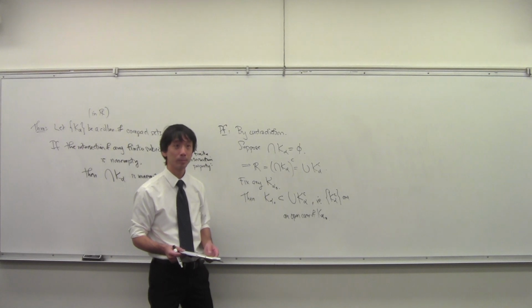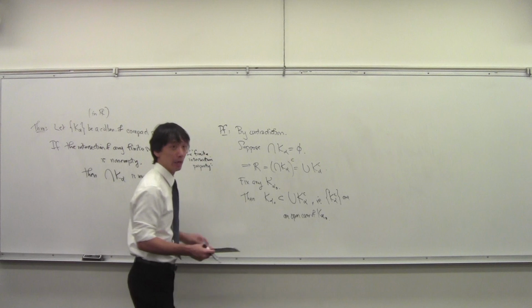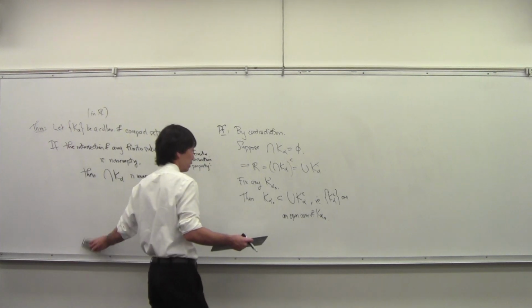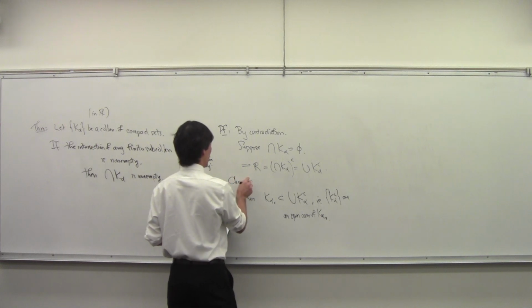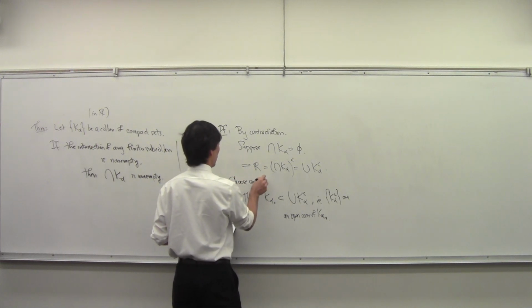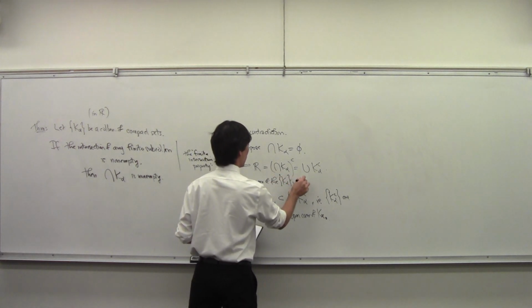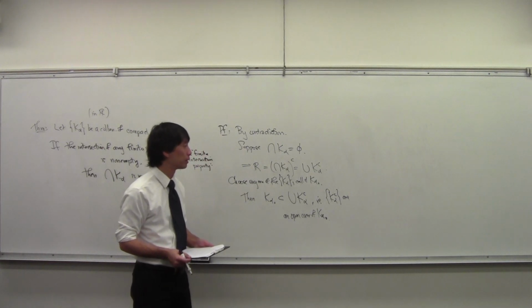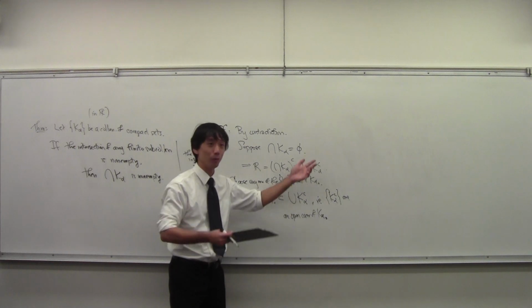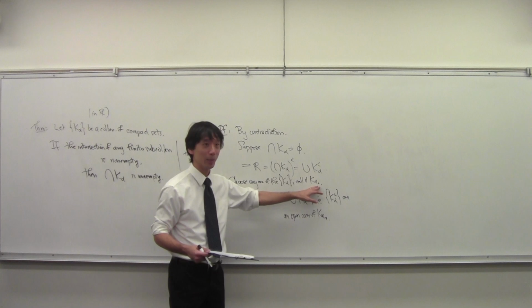K alpha naught was just any one of the K alphas. Because the union of the complements covers the whole space, it certainly covers K alpha naught, since K alpha naught is in the space.